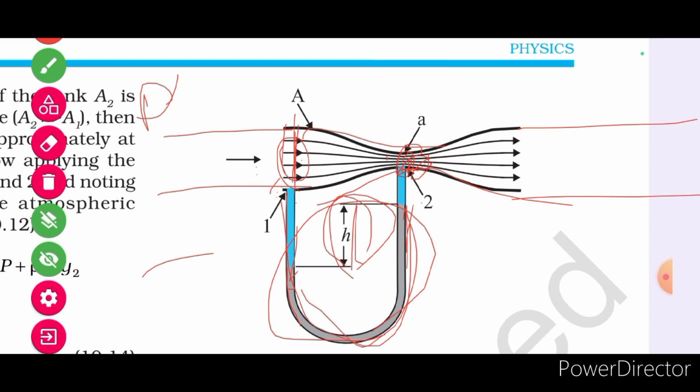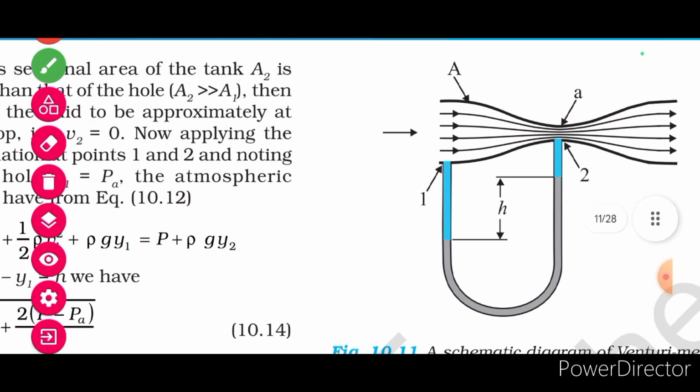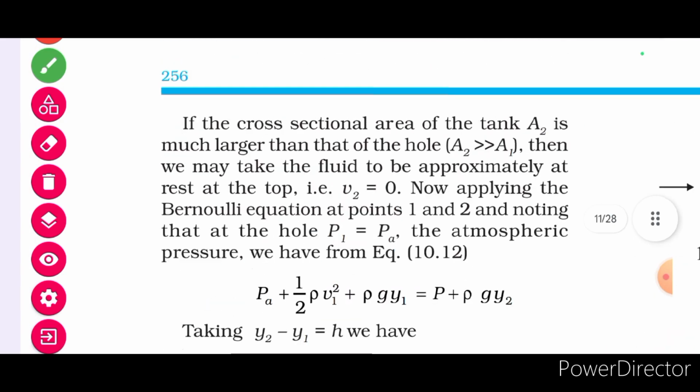The change in kinetic energy, half rho (v2 square minus v1 square), we can measure. Let's understand it completely from NCERT.